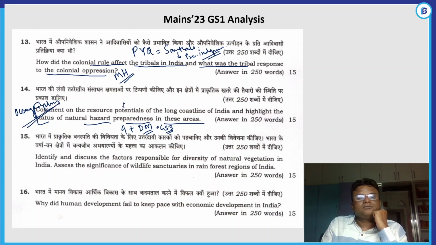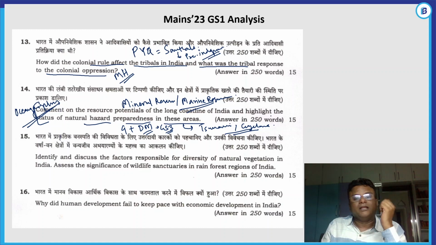So here, the coastal region's mineral resources plus marine resources, and then you talk about the preparedness for the natural hazards. Now, natural hazards, obviously tsunami and cyclone, will be the focus. So various measures which are prevalent in the coastal areas of India, you should be able to bring that out.